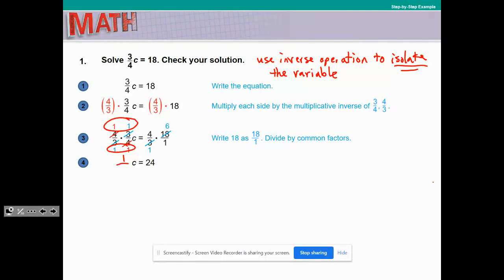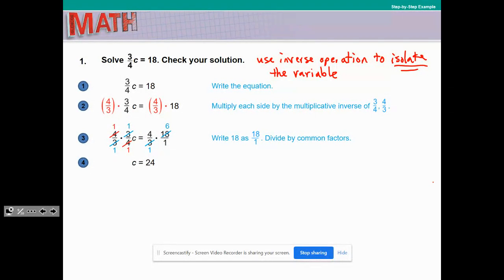The 1 times 1 on the bottom gets us 1, which then equals 1, and then 1C. Well, 1 times anything is just that number, so we don't have to write the 1. On the other side, we get 4 times 6, which is 24. 1 times 1, which is 1, and that simplifies down to 24.